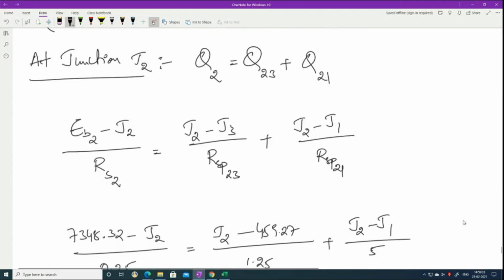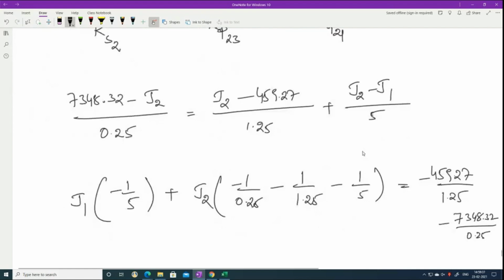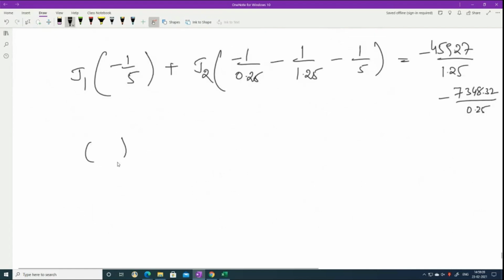So you'll get an expression like something into J1 plus something into J2 equal to some constant. Did you get these for the top one and the bottom one?